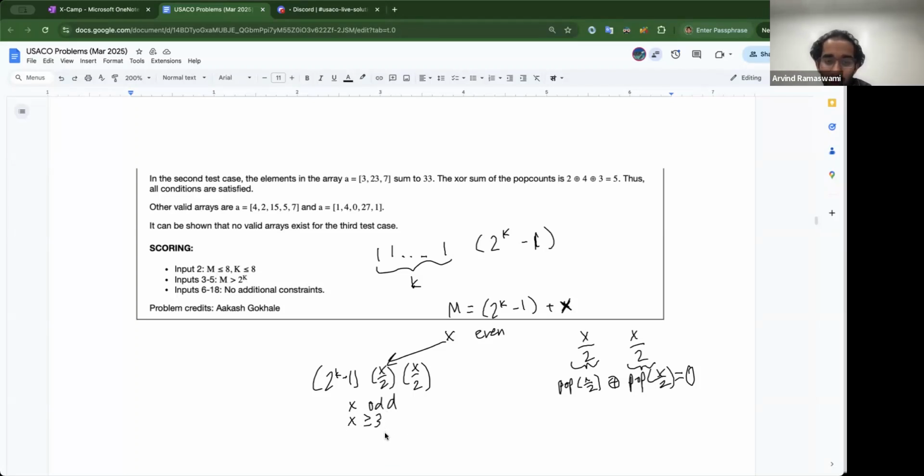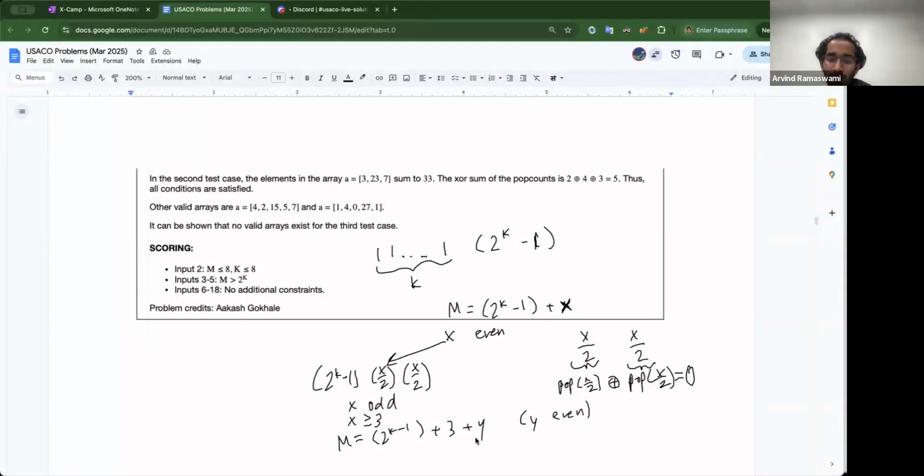So maybe we can try to add some even number, and then some odd number is easy, and it doesn't change the pop count. Since x is greater than or equal to 3, it's going to be equal to 2 to the k minus 1 plus 3 plus y, where y is even.